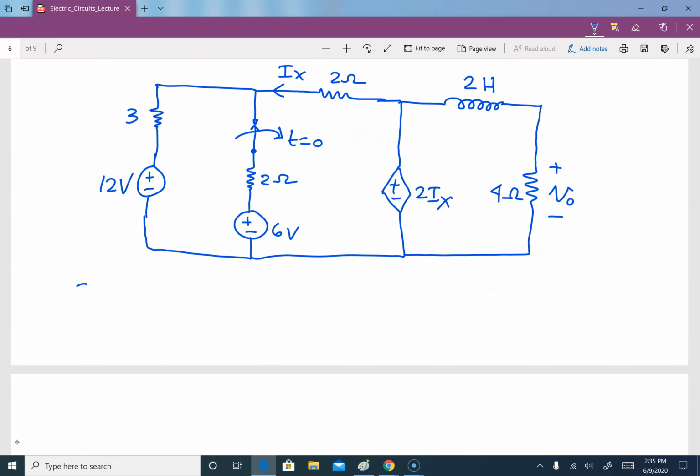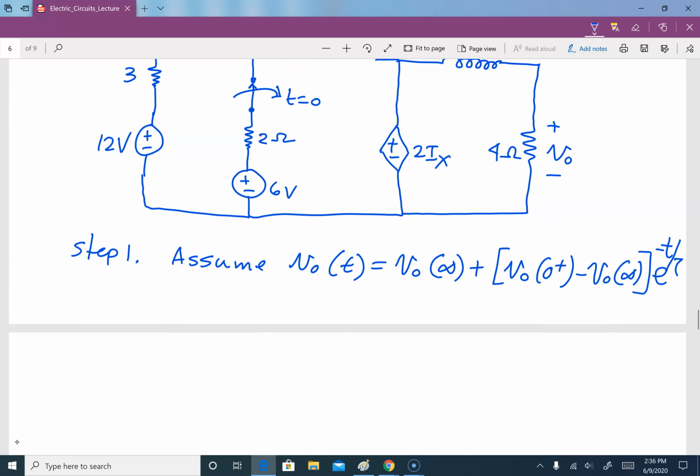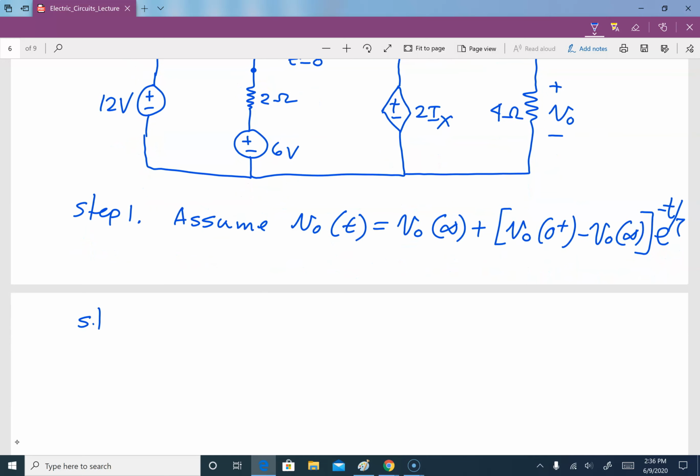So now we go with step 1. Step 1, we said that assume V0 of t to be V0 of infinity plus V0 of 0 plus minus V0 of infinity multiplied by exponential of negative t over tau. That is our, let's say, solution. Step 2.